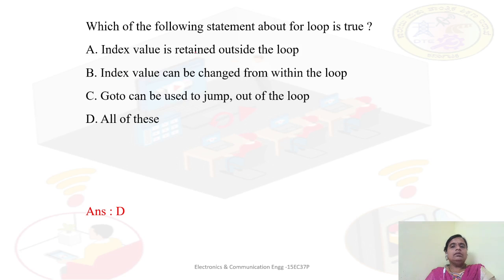Related to your for loop, the index value is retained outside the loop. Yes, we can have the initialization and it can be changed because the counter changes, either you can increment or decrement. Also we can use the goto statement, as we have already seen, to jump out of the loop. So that's why all these conditions are true.